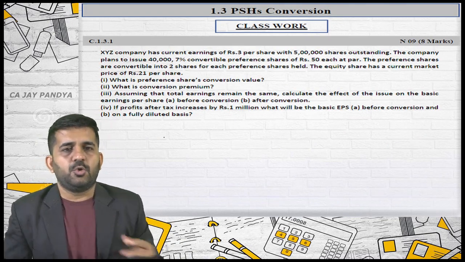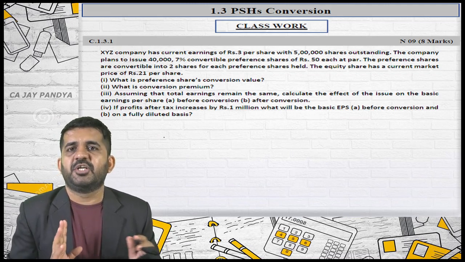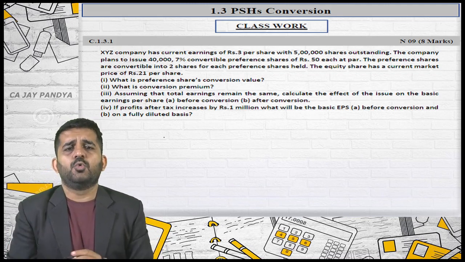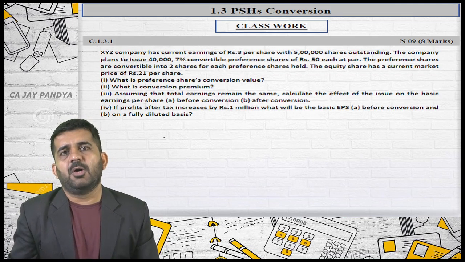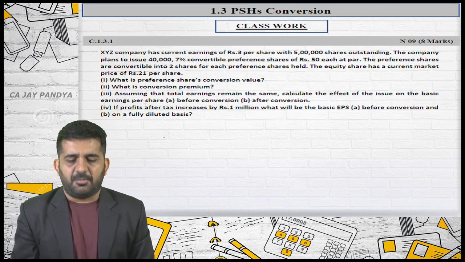Yes, we are going to the next point, that is preference shareholder conversion type of questions. Now, in these two questions, we will be learning something about convertible preference shares. First, let me explain what convertible preference shares mean.